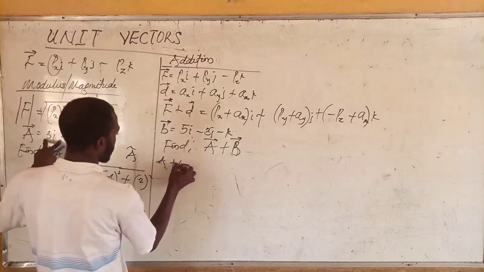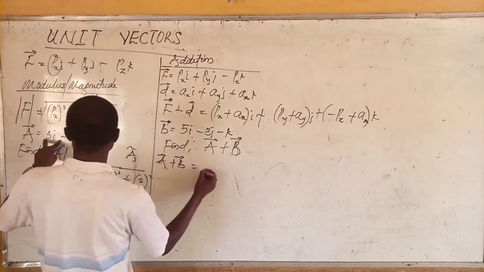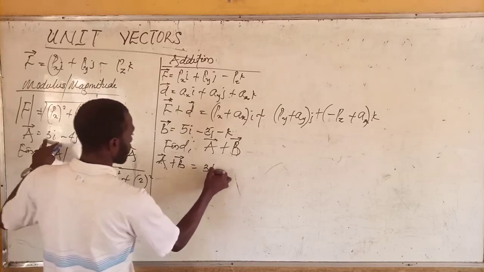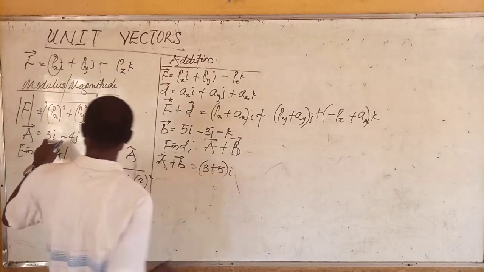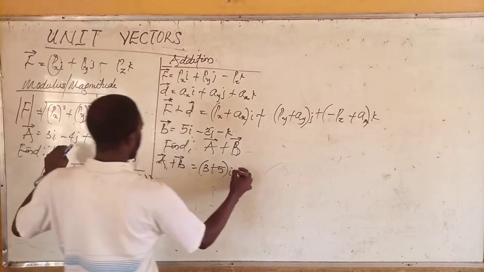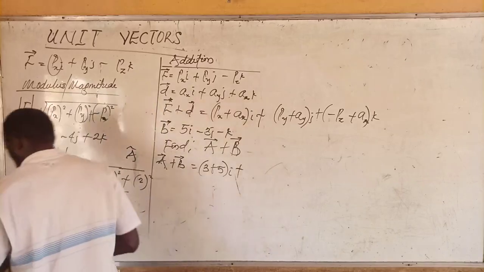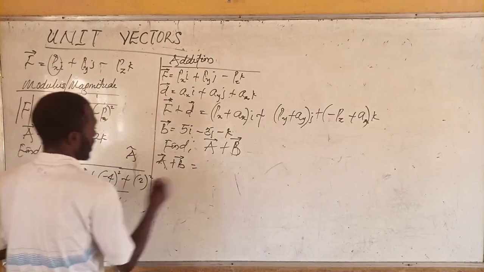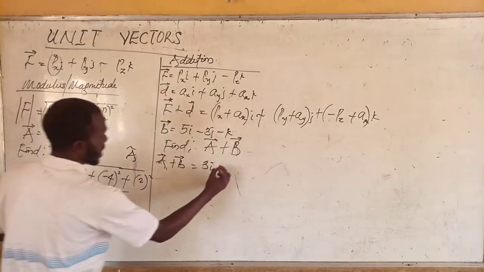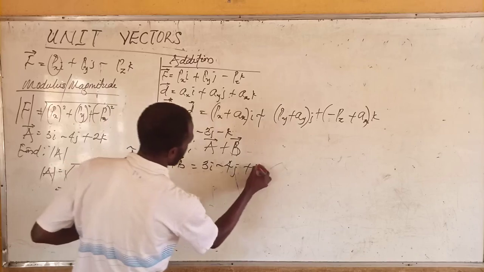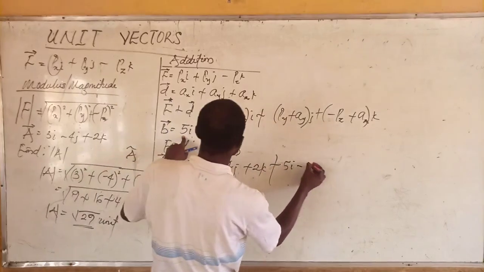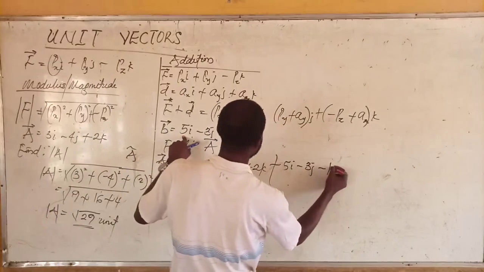vector A plus B would be equal to 3 plus 5 i's, because they both carry i. Let's write it out in full first. So this would become 3i minus 4j plus 2k, then plus 5i minus 3j minus k.